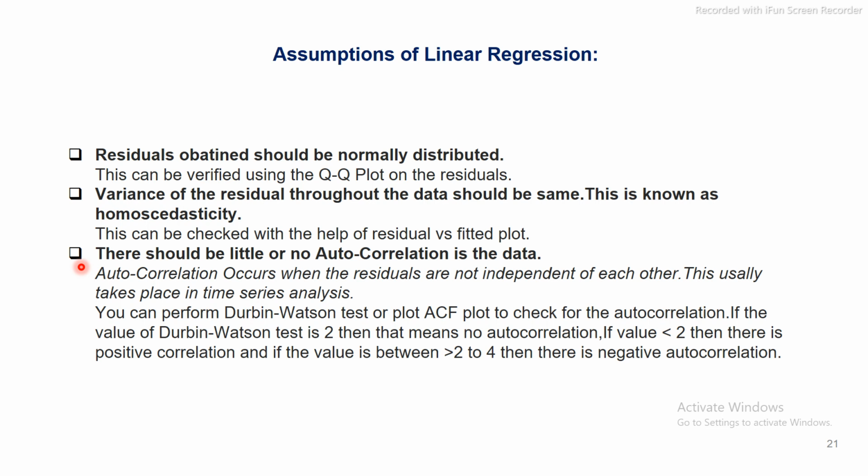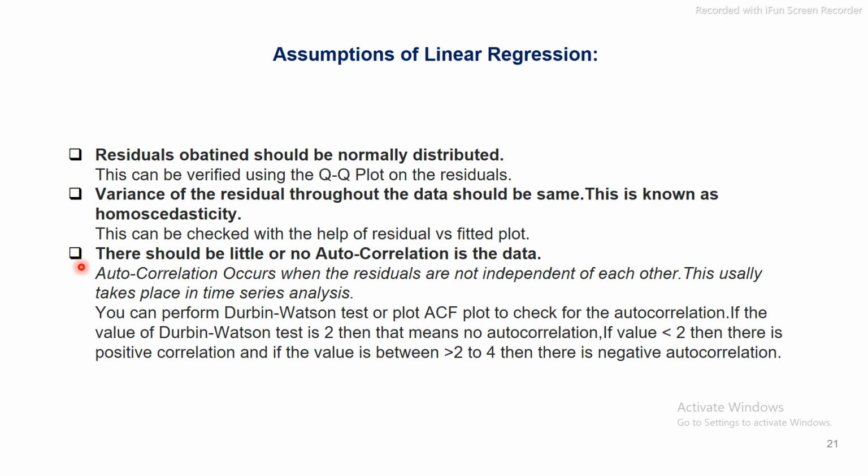Assumptions are what we typically come across whenever we formulate this regression and analysis, so you have to check a few of them. There should be little or no autocorrelation in the data.